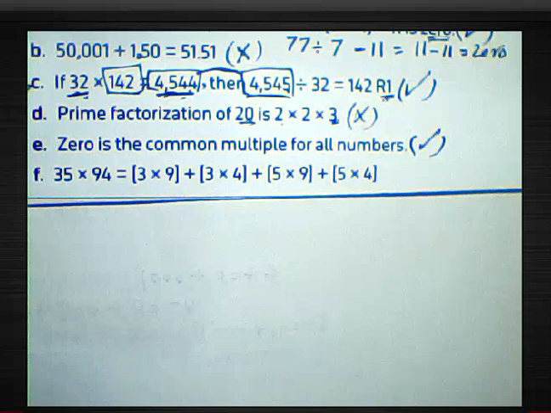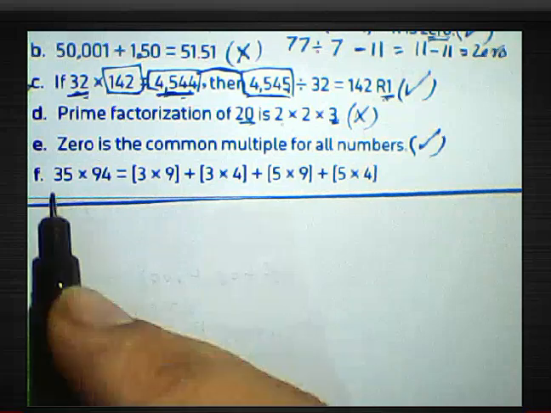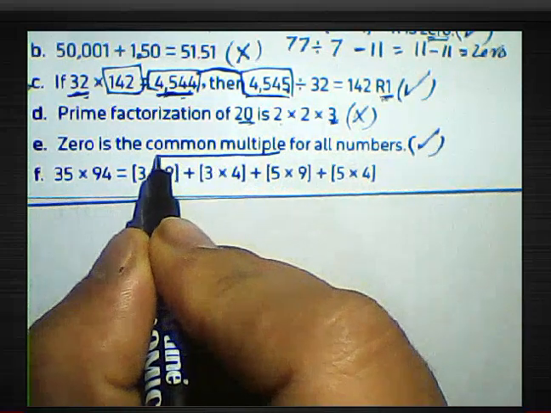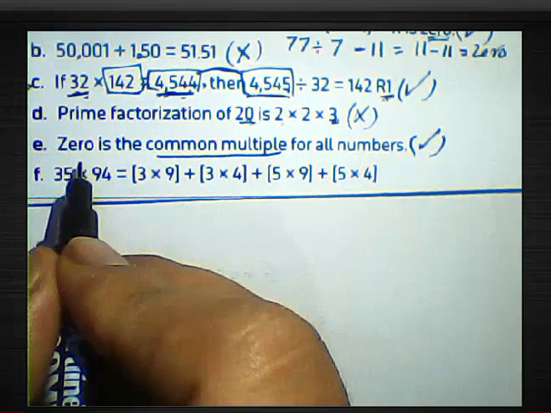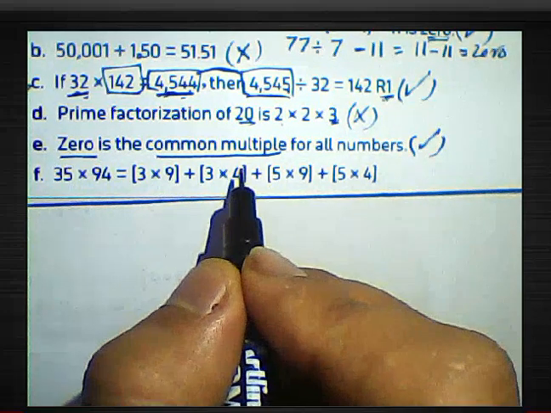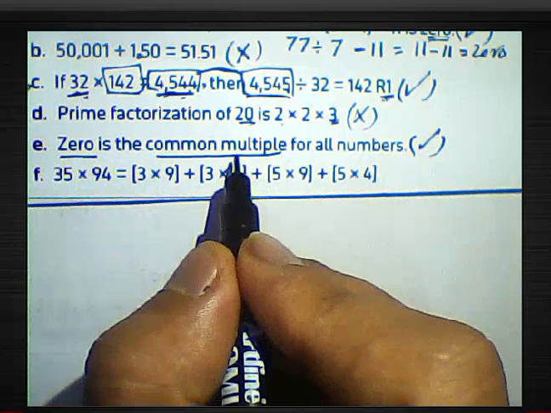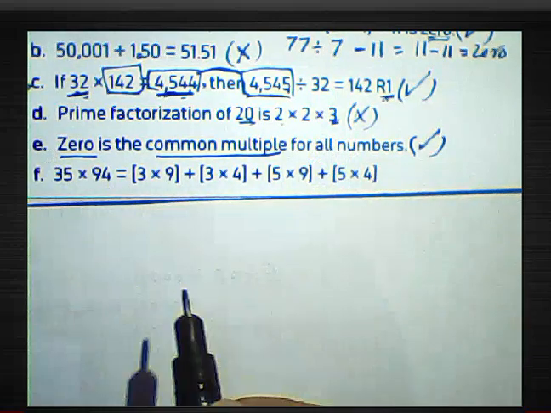Any number can be divided by 1, so the number 1 is the common factor. We have the difference between the common multiple and the common factor. The common multiple for all numbers is 0, and the common factor for all numbers is 1.